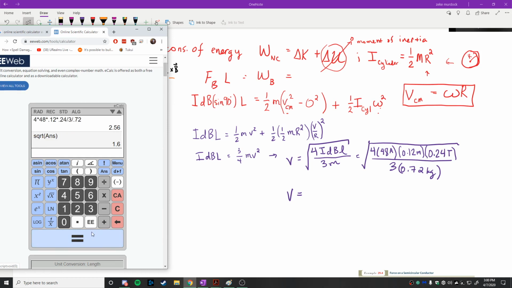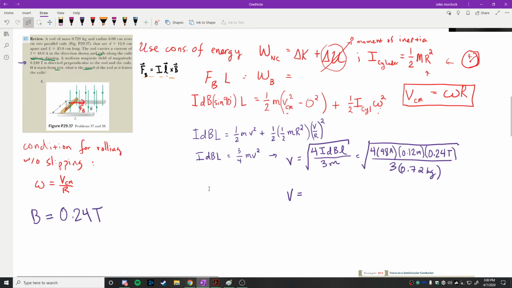I got 1.6. Okay, cool. It's exactly 1.6, which means that all of this is somehow equal to exactly 256.